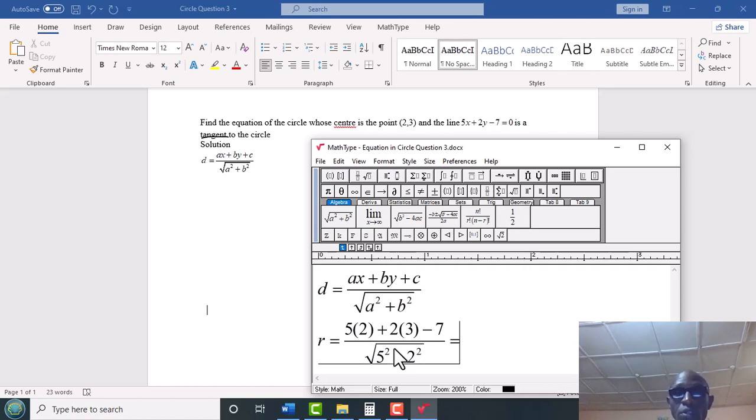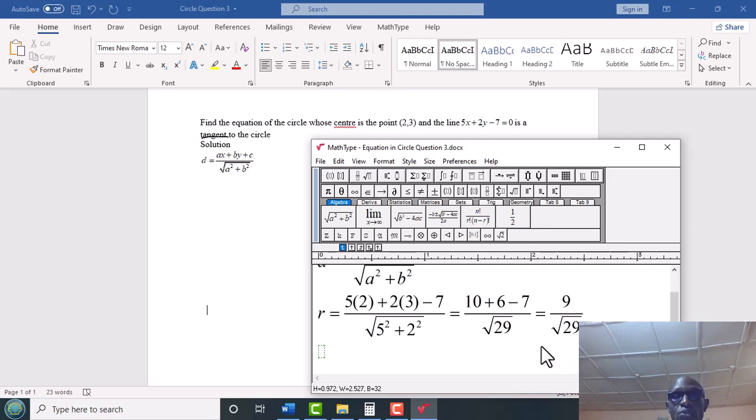So this gives us 10 plus 6 minus 7 all over root 29. So the answer that we get here is 9 over root 29. So that's our radius.